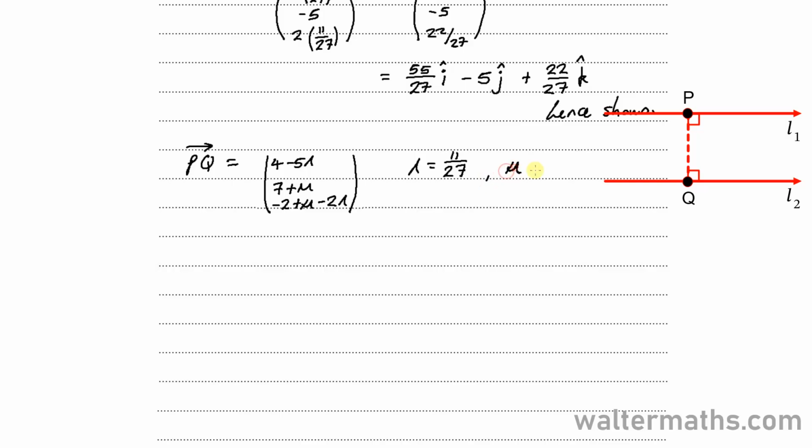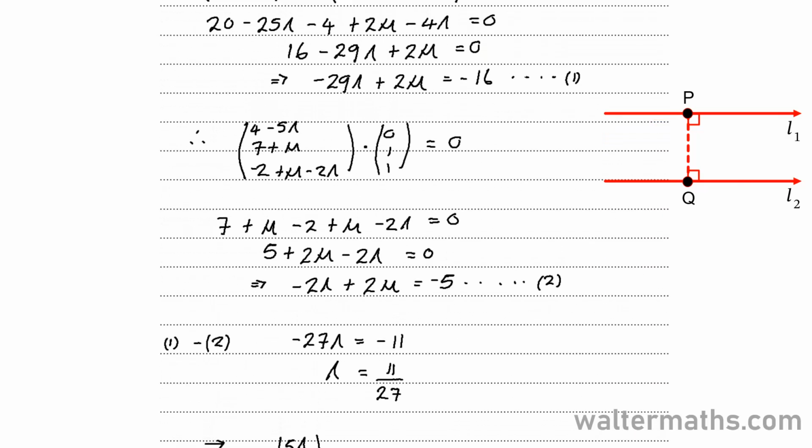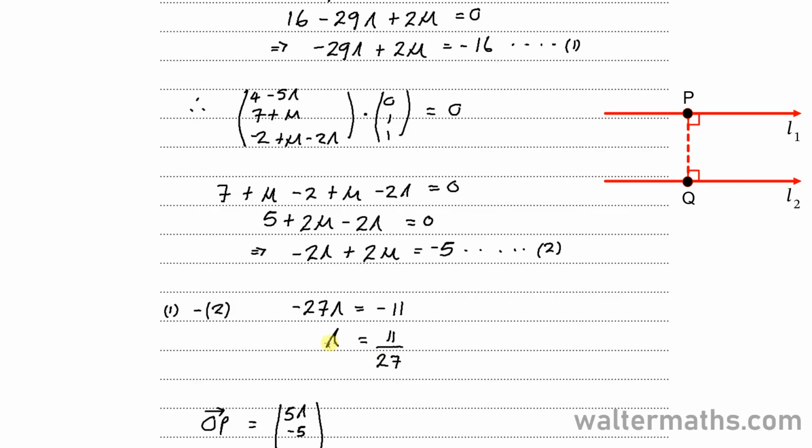And the value of mu, we hadn't calculated that, but we can still find it here. Since we've gotten lambda to be 11 over 27, and one of the equations is minus 2 lambda, which I can write as minus 2 of 11 over 27, and it's plus 2 mu equal to minus 5.